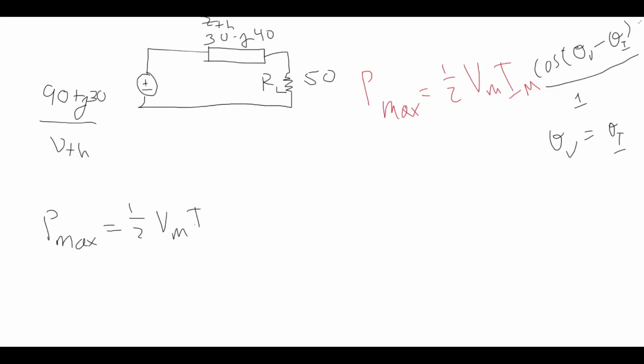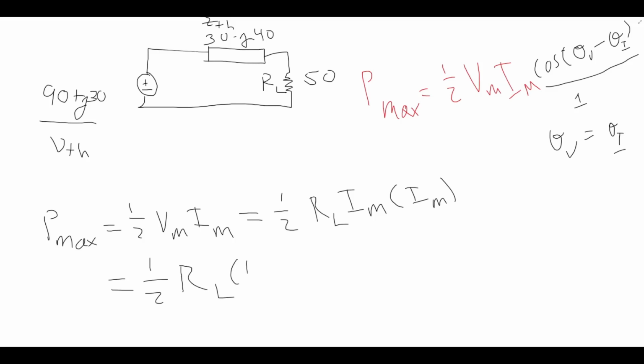We're going to write this equation so that we are finding the following: 1/2, and we're going to replace V max with our load resistance times I max, to get the following equation: 1/2 RL times I max squared.